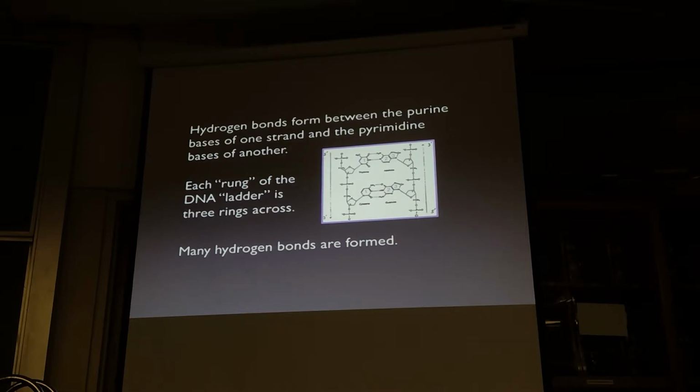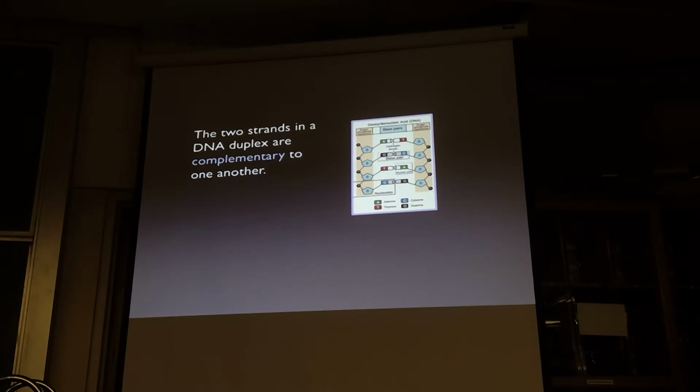So this is all review, right? There's all those hydrogen bonds. So when we say the 2 strands are complementary, this means that the 2 halves make the whole. If you know the nucleotide sequence, the base sequence of one strand, you automatically know the nucleotide sequence of the other.